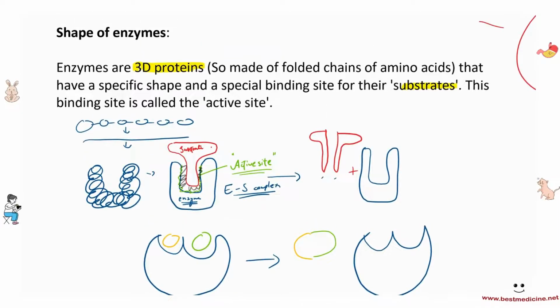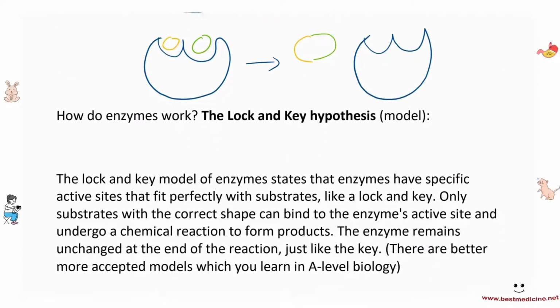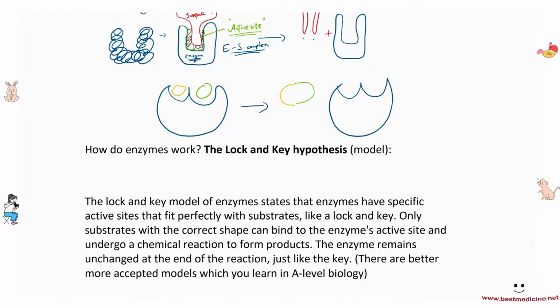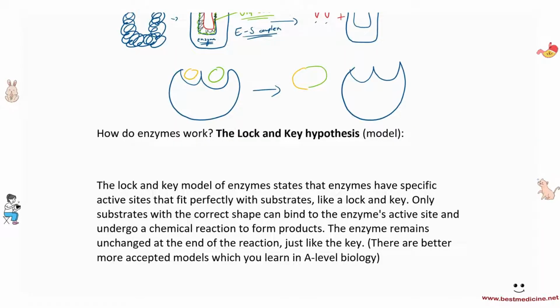Well, we do it using a model, and that is called the lock and key model, or lock and key hypothesis. The lock and key hypothesis was proposed by some scientists, and it said that enzymes and substrates work with each other like a lock and a key would.